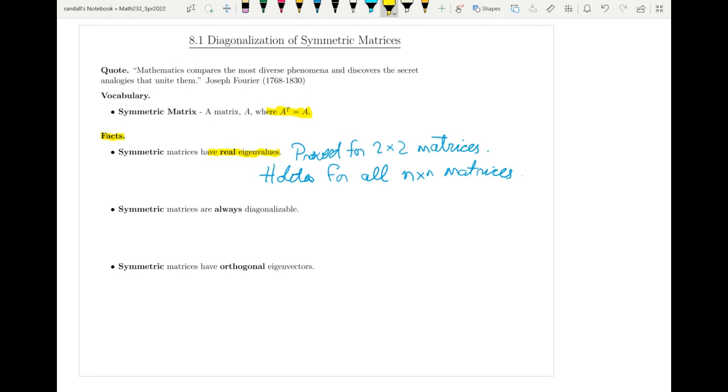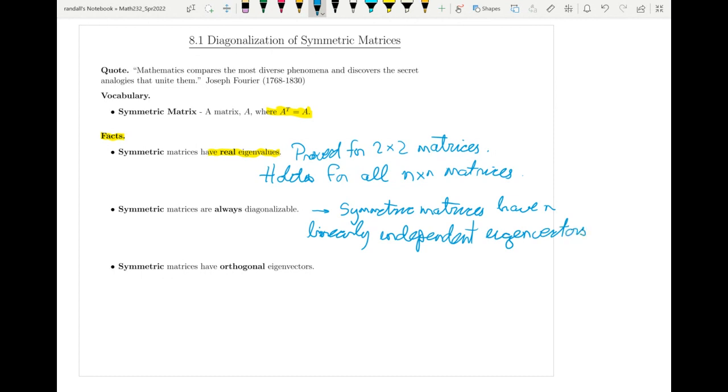Symmetric matrices are always diagonalizable. And what this means, as we've seen previously, is that diagonalization means the matrix has n linearly independent eigenvectors. So symmetric matrices have n linearly independent eigenvectors.